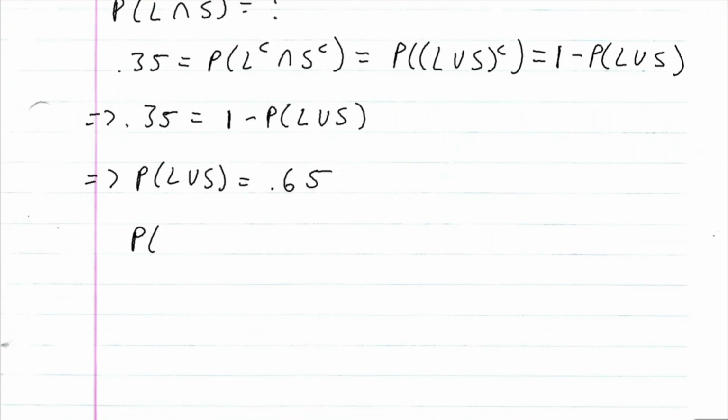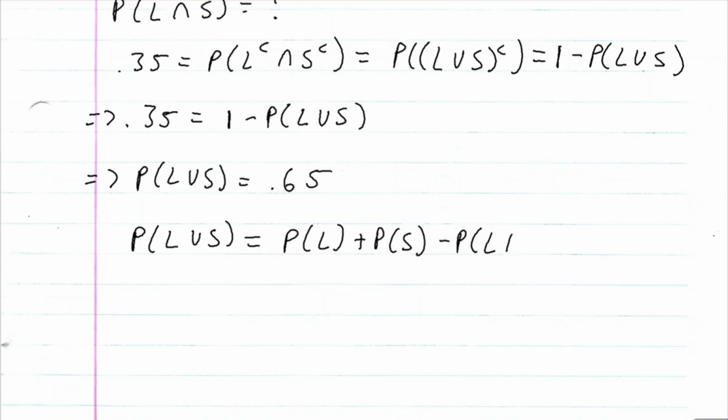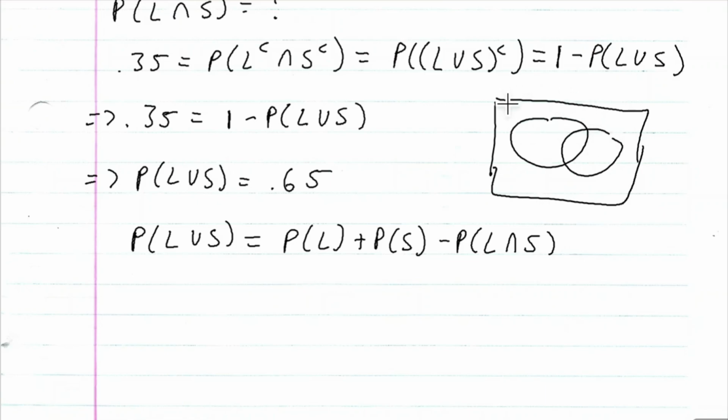Now, the probability of L union S is equal to the probability of L plus the probability of S minus the probability of L intersection S. If I were to draw a little Venn diagram here, I have L and S. So the probability of L union S is this space here, everything inside here.